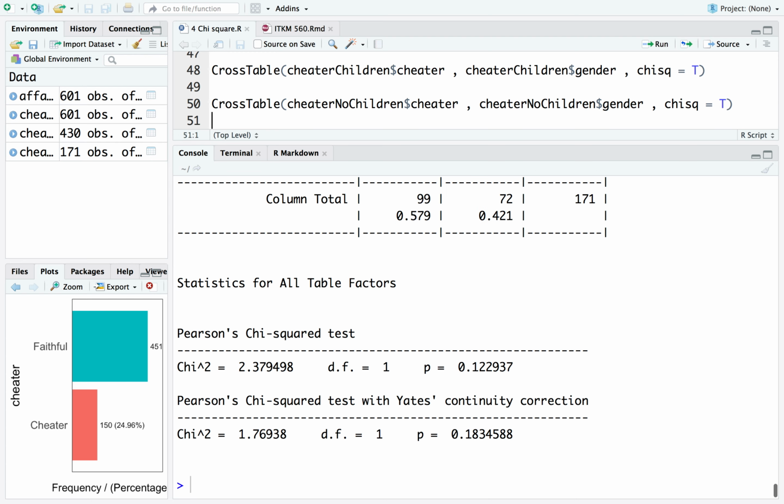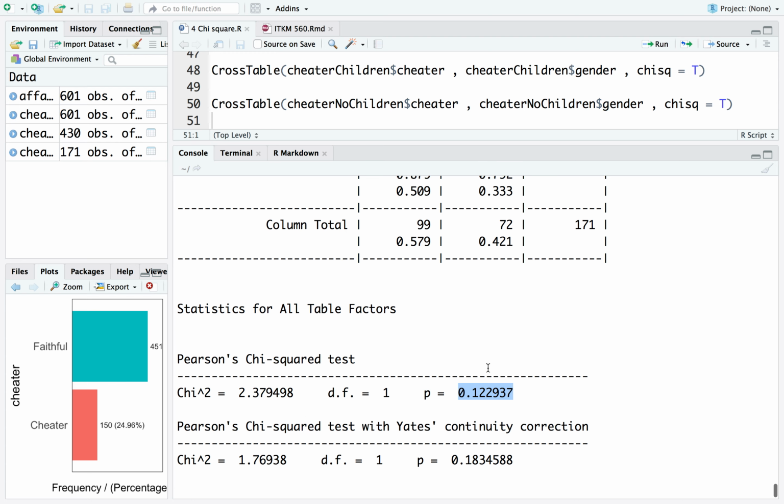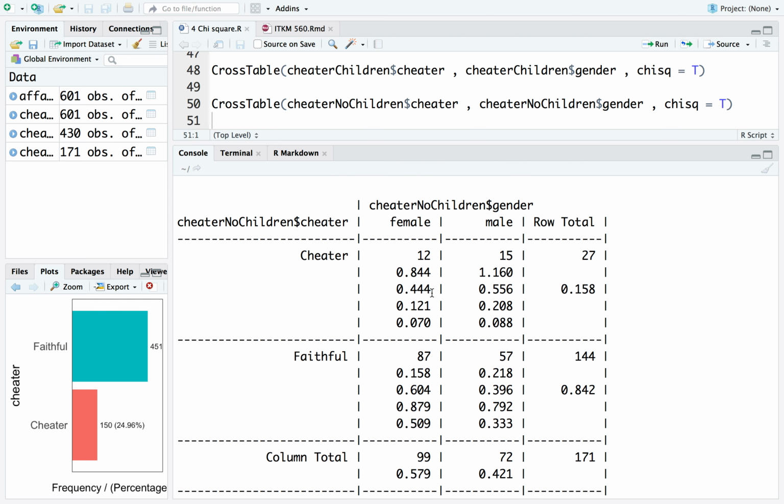No dependency. Now, if you don't have children, our p-value is still above 0.05, although much smaller. Well, let's take a look. 44% of females with no children cheat. 55.6% of males cheat when they don't have children. So you'd say, well, that's a pretty big difference.